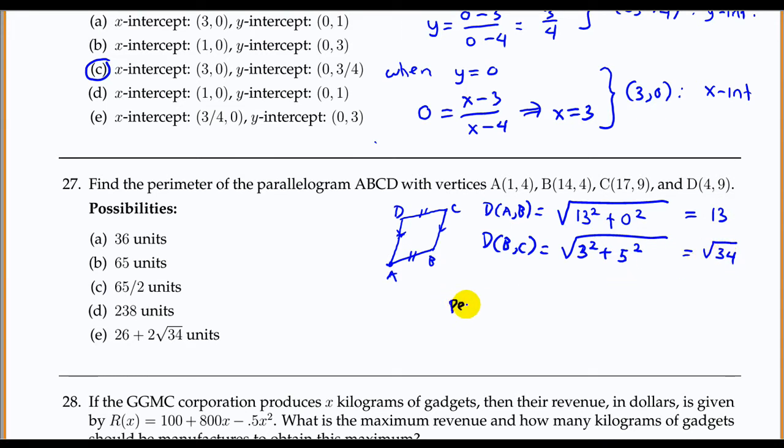So perimeter equals 2 times 13 plus 2 times square root of 34. So 26 plus 2 times square root of 34. So the answer is E.